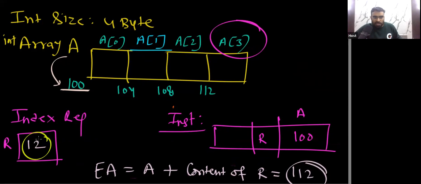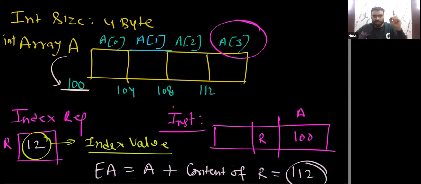So this will be called the index value. Remember, we will still call it index value, but this is not the index value of the C language. Now forget about the C language. Now you are dealing with the hardware, with the addresses.